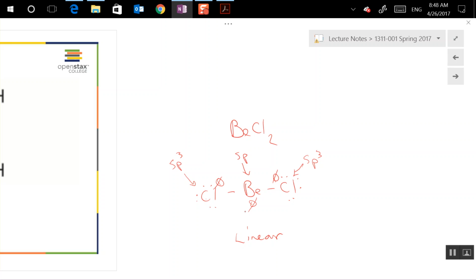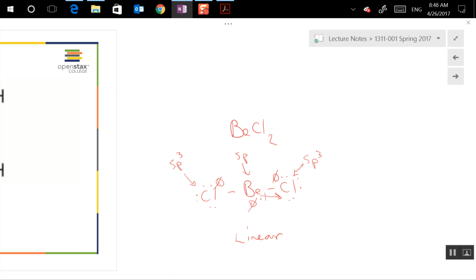Nonpolar, no dipole. Polar, dipole moment, and the dipole moment will be shown as an arrow in the direction of that moment. Okay? So here we would say we have electrons going this way, from Be to Cl. You don't have to draw this because in the end it's going to end up not having a dipole moment.